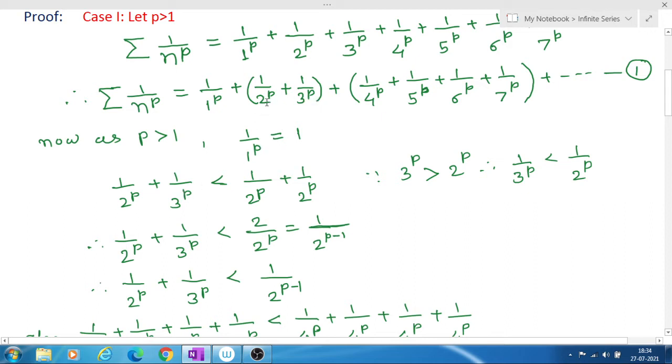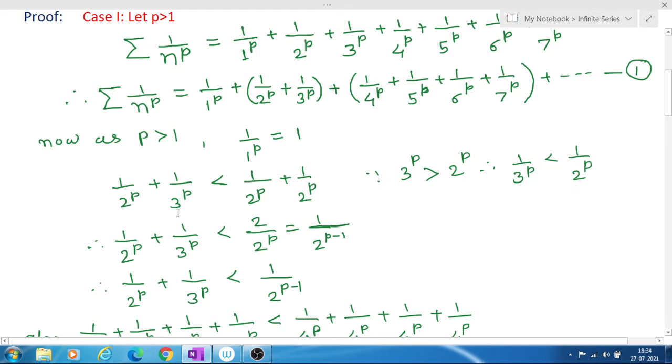Now let us take these two terms in the bracket, 1 upon 2 raised to p plus 1 upon 3 raised to p. Since 3 is greater than 2, 3 raised to p is greater than 2 raised to p, since p is greater than 1. Therefore if we take inverse, 1 upon 3 raised to p will be less than 1 upon 2 raised to p.